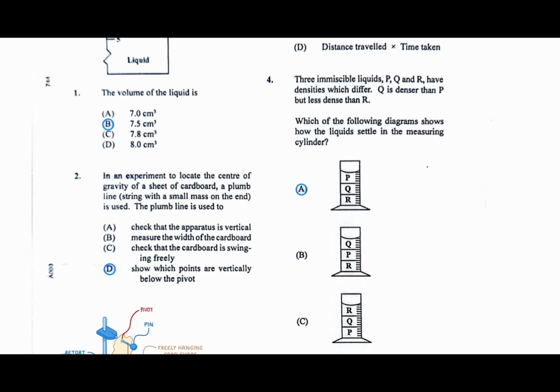They're saying that Q is denser than P. Denser fluids sink; if you are less dense, you float. So since Q is denser than P, P is going to be on top and Q has to be at the bottom. They're also saying that Q is less dense than R. If Q is less dense than R, that means R has to be the densest, and so that's going to be below Q. So my answer is going to be E.